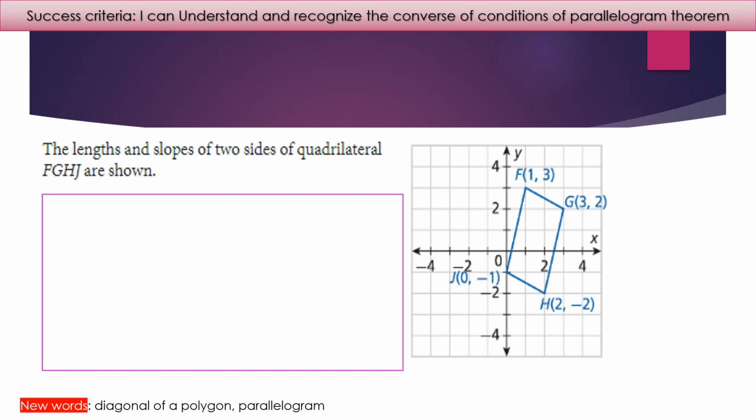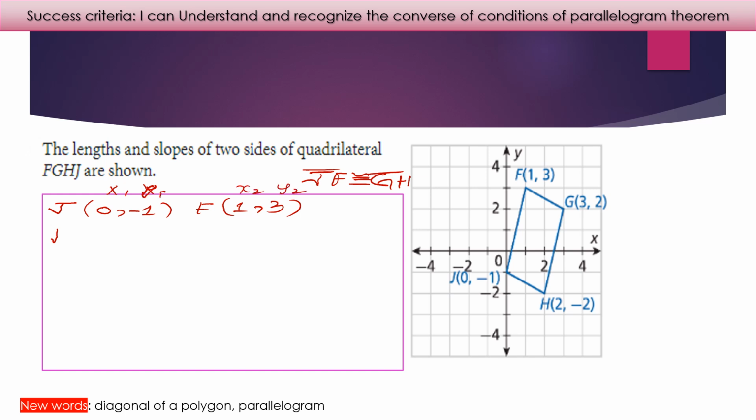So the coordinates of J are 0 and negative 1, and the coordinates of F are 1 and 3. And I have to prove right now that JF is congruent to GH. This is my task right now. So again I will name x1 and y1 and x2 and y2.